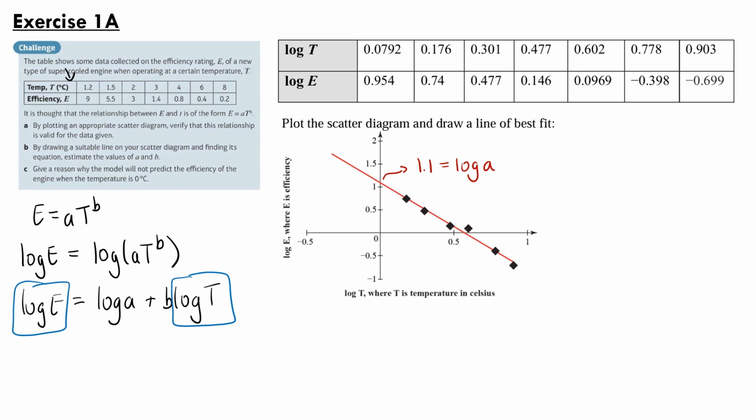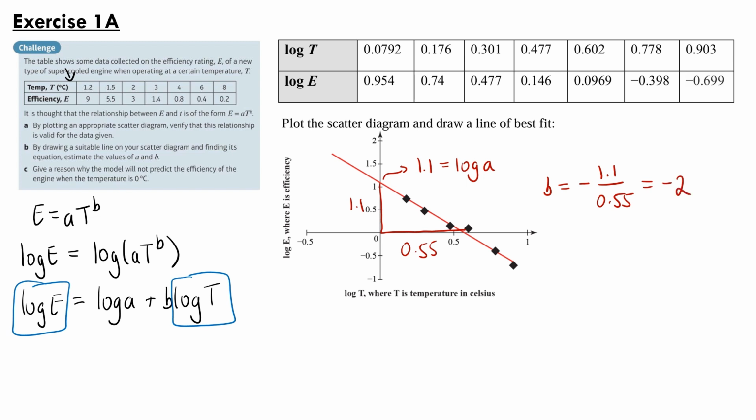Looking at this triangle here, the rise is about 1.1, and the run is about 0.55, I'd say. The gradient is going to be negative, remember, because it's sloping downwards. So the gradient, which is B, is about negative 1.1 over 0.55, which is negative 2.